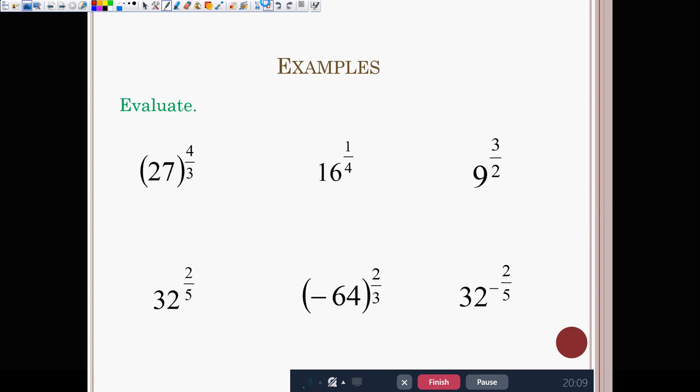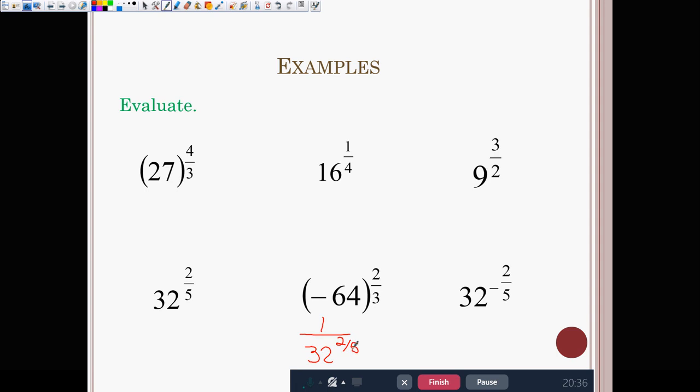So I'm just going to start off by making this 1 over 32 to the 2/5. Which is 1 over 32 to the 2/5.